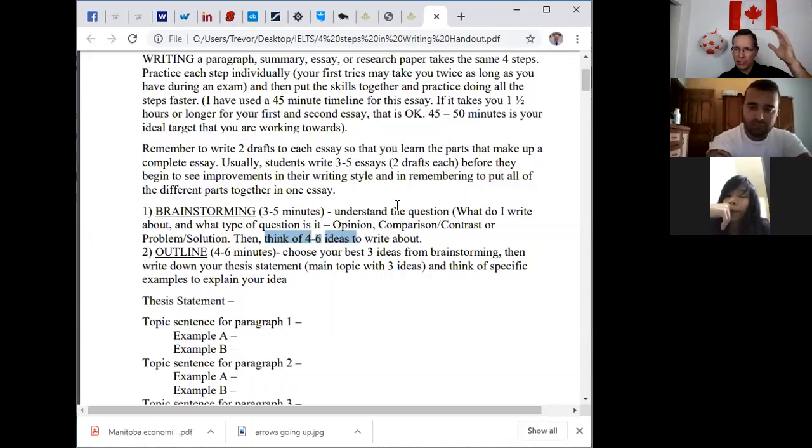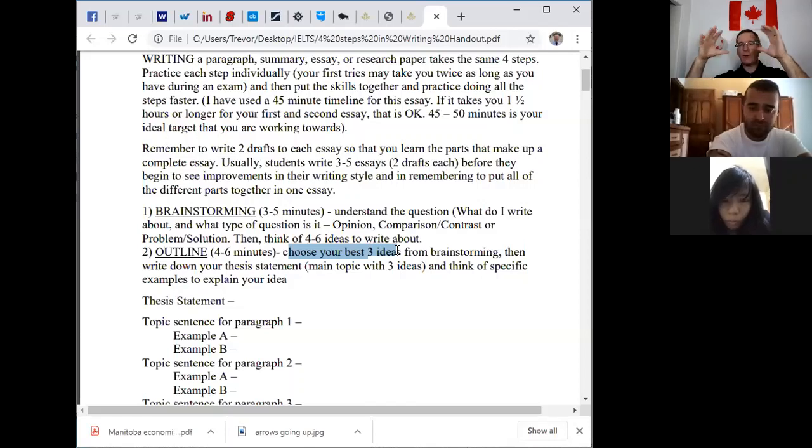So once you've looked at the question, you've taken a few minutes and understand what the format is and what you're going to write about, then I want you to look and choose your best 3 ideas. And the reason is, if I have 2 ideas only and one idea is weaker, now the teacher can only give you marks on the first idea.